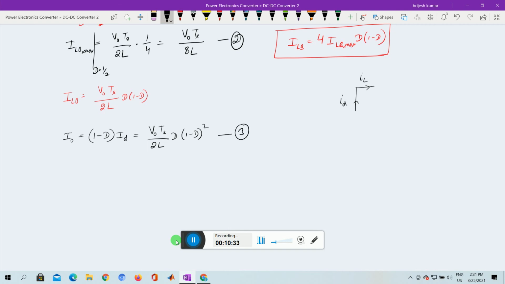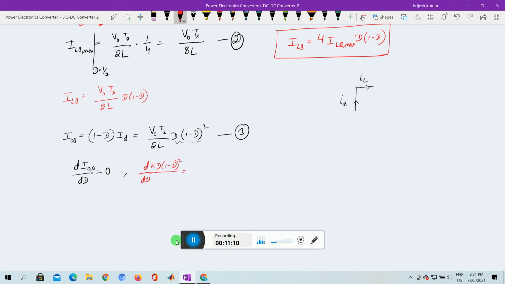Now again, for what value of D will we get the value of I0B as maximum? So now we write this as I0B. For I0B to be maximum, we have to differentiate I0B with respect to D and put it equal to 0. This is a constant term, so what is going to be differentiated is some constant K times D times 1 minus D whole square.